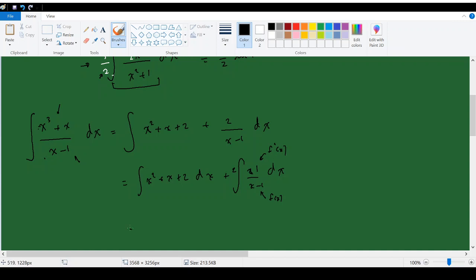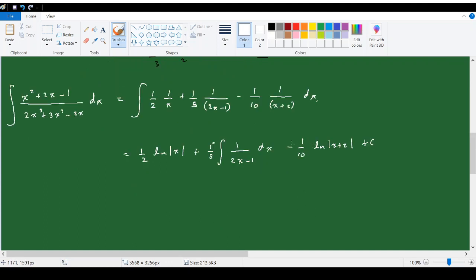So the answer will be the integrals of these functions, and for this one it's ln of |x minus 1| plus c. Now this is the second example that we discussed.